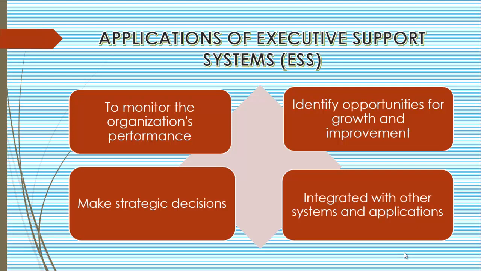It can be used to make strategic decisions. It is also used to identify opportunities for growth and improvement. Then the ESS is also used in conjunction with other systems and applications to determine and apply the necessary decisions as they relate to the achievement of the objectives of the organization.